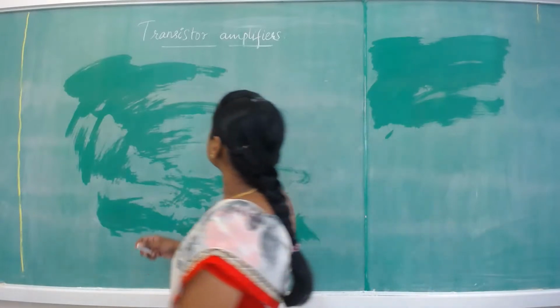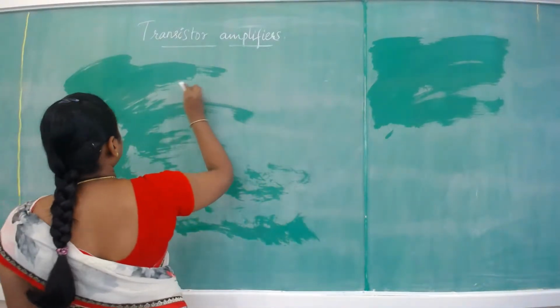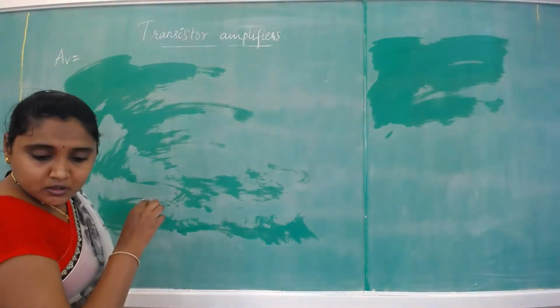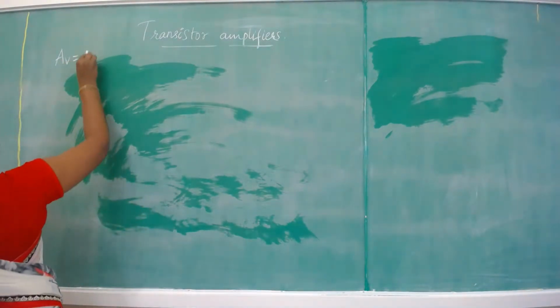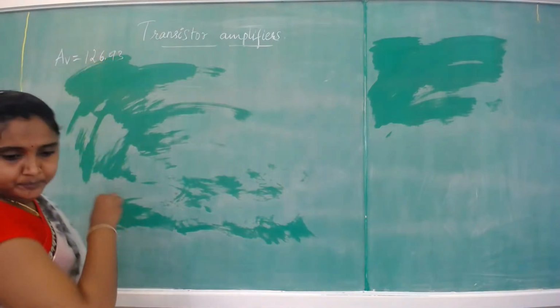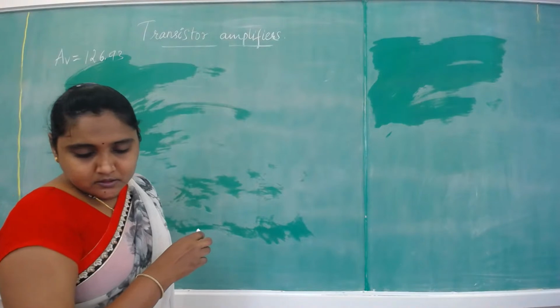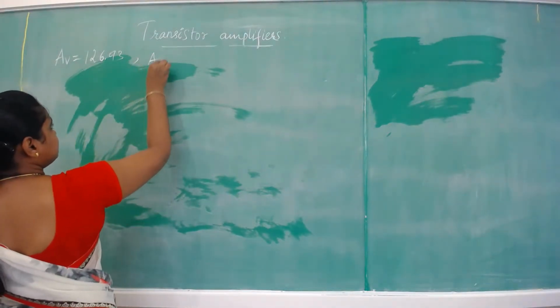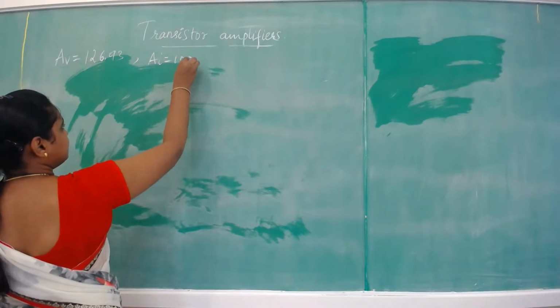Voltage gain AV is given, AV is equal to 126.93, and current gain AI is equal to 100.